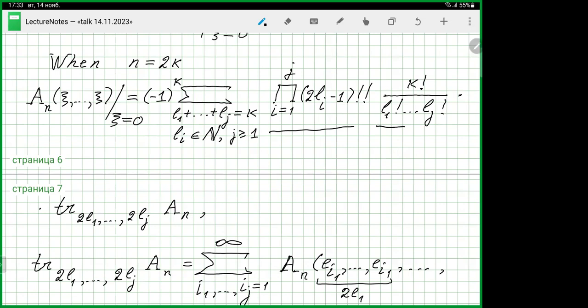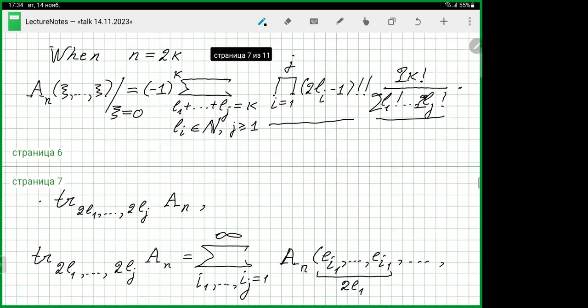These coefficients came from the symmetricity of AN with respect to permutation of all coordinates, and we just have to choose such 2L1 and 2Lj. And here we have 2, because we have to choose which coordinates will be equal, and we have so many choices.